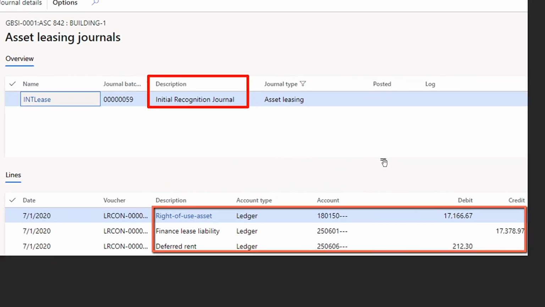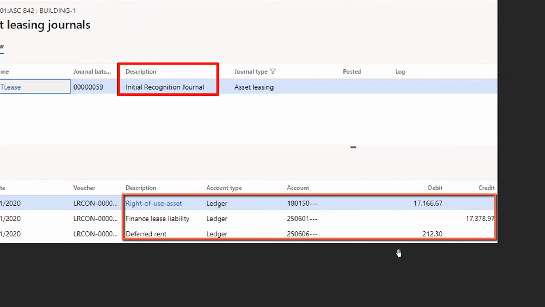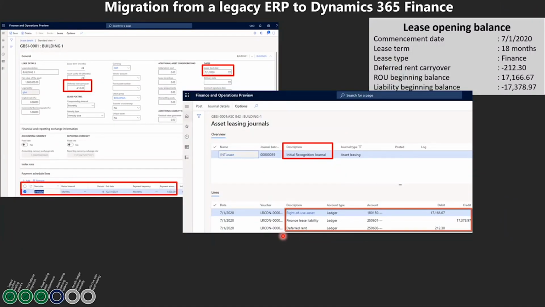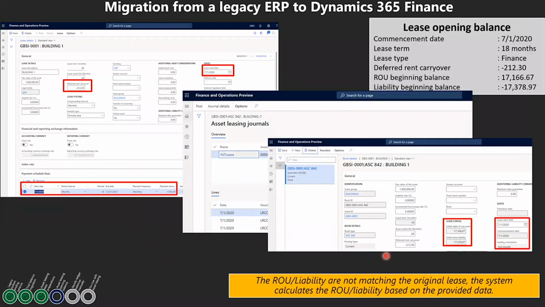After posting the initial recognition, here the initial recognition is posted on July 1st with this transaction. Now let's check the calculated initial right of use asset and liability. They are not matching the original lease right of use asset and liability, because the system calculates the right of use asset and liability based on the data we have provided to the system.